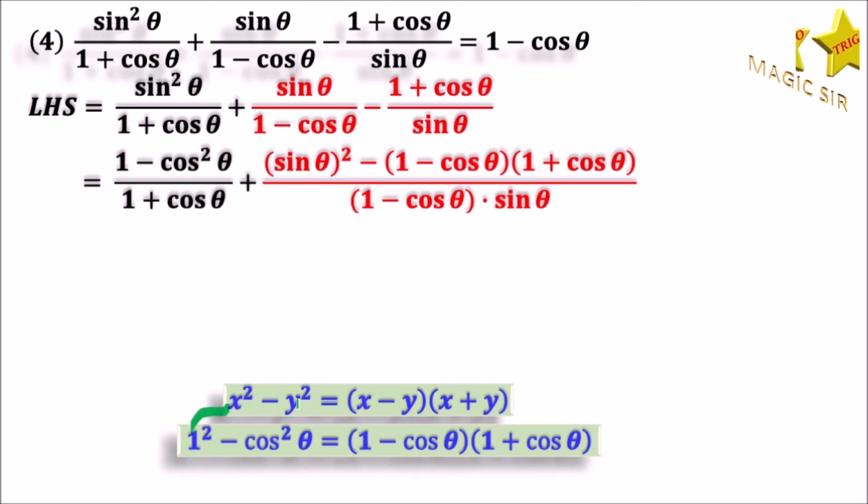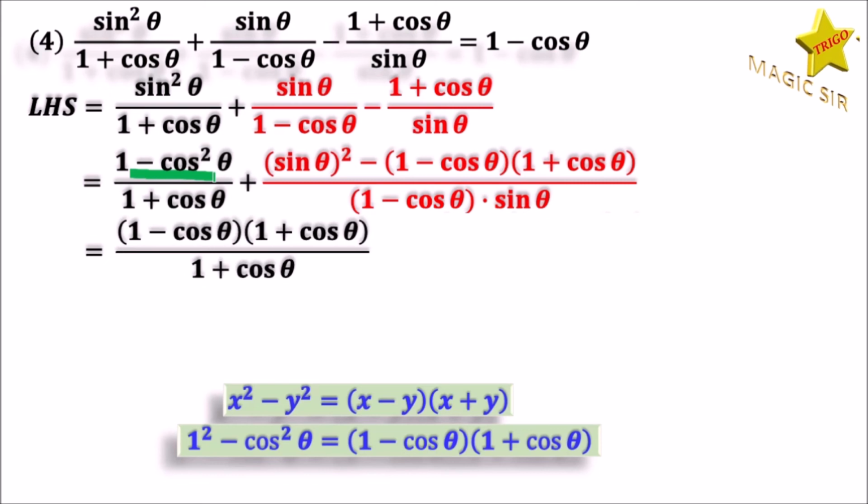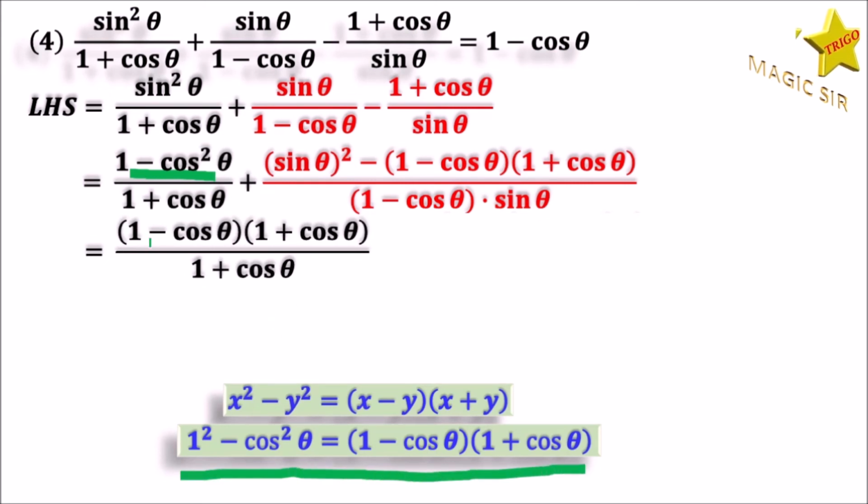Let us suppose x equal to 1 and y equal to cos theta. So x minus y equal to 1 minus cos theta and x plus y equal to 1 plus cos theta. So we can replace 1 minus cos square theta with 1 minus cos theta into 1 plus cos theta.